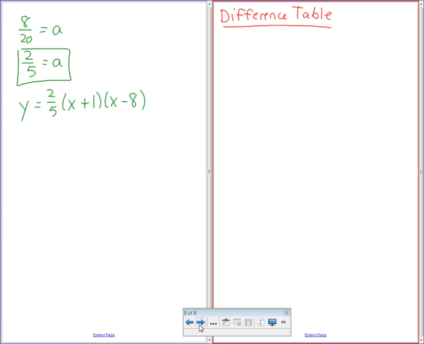Okay, so what this is going to say is, state the degree of the following.